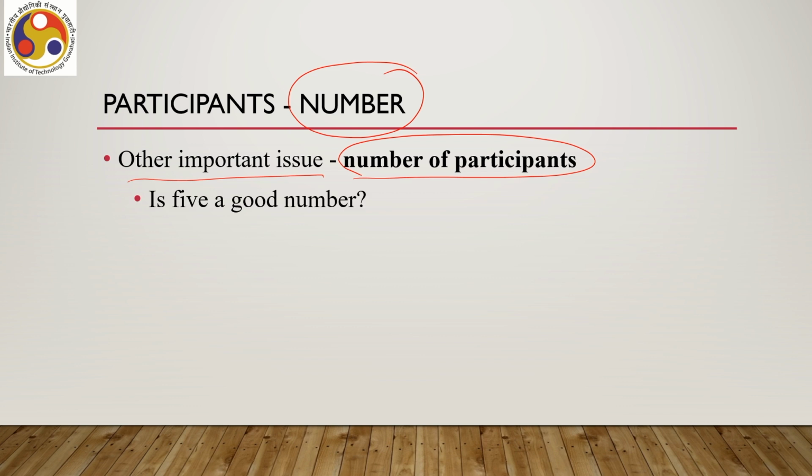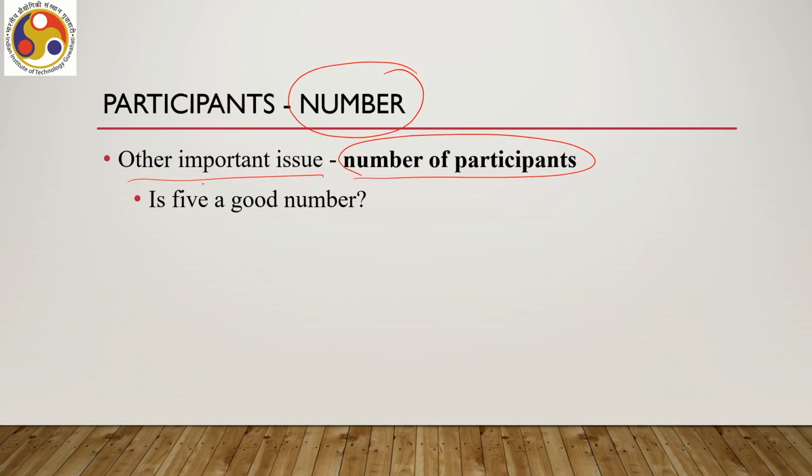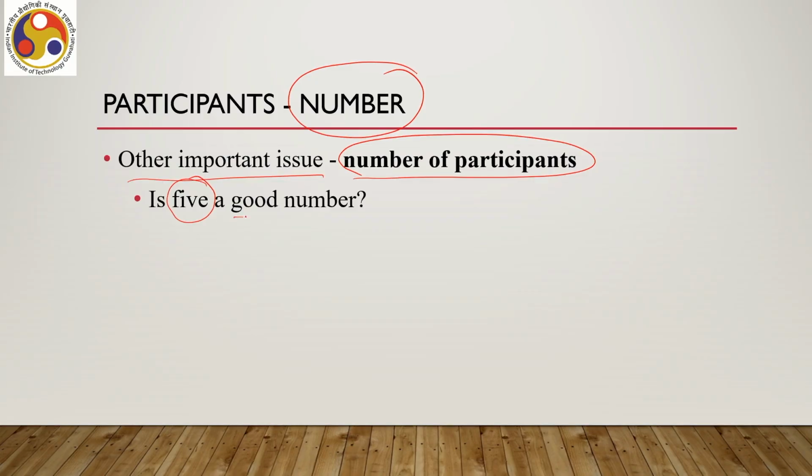In the example we said that we have engaged 5 users who may be your friends. So, can I say with confidence that by engaging 5 users, whatever results we get, whatever data we collect, that is good enough to come to a general conclusion about overall quality of the interface? Is 5 a good number?